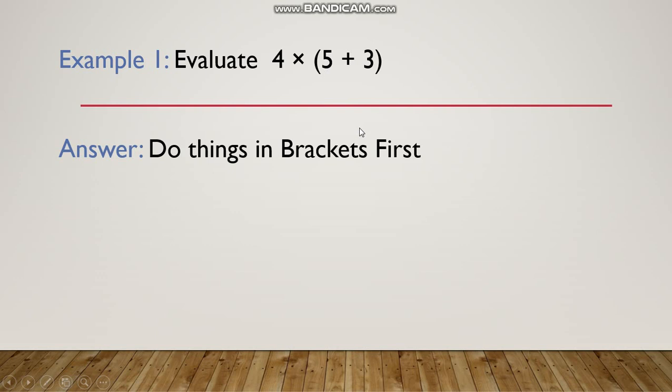We have a bracket, 5 plus 3, so we do things in brackets first. 4 times (5 plus 3) equals 4 times 8. The 8 comes from adding 5 and 3 inside the bracket. After that, do the multiplication outside the bracket to get 32.